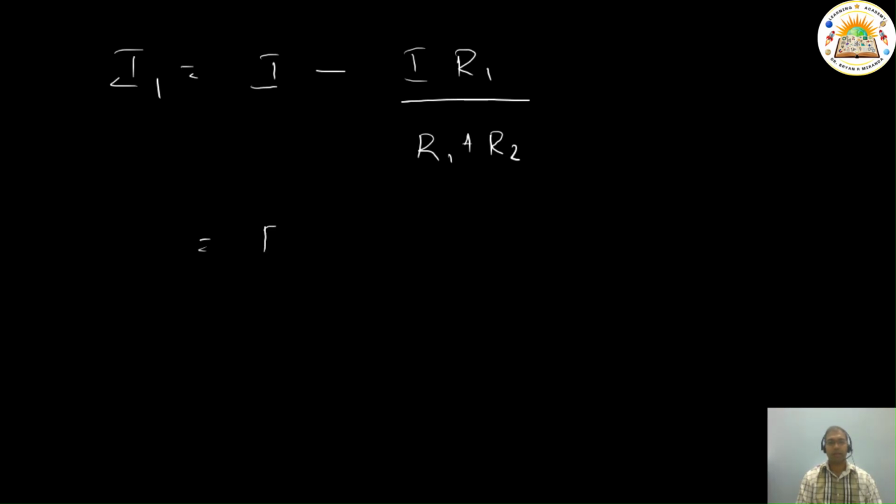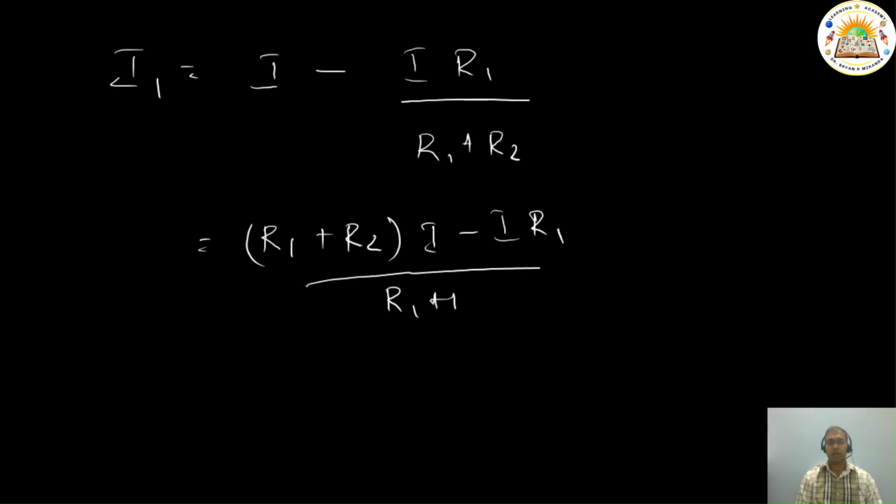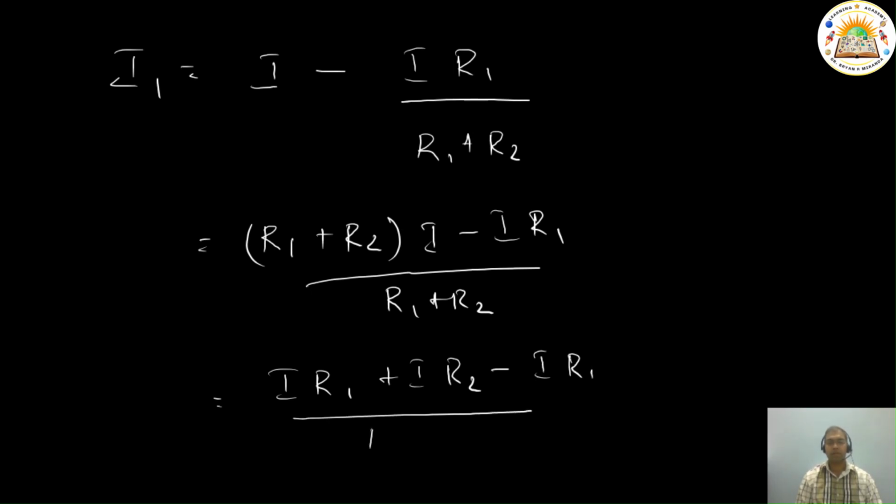We'll take the LCM: R1 plus R2 of I minus I R1 by R1 plus R2. That is I times R1 plus I times R2 minus I times R1, by R1 plus R2.